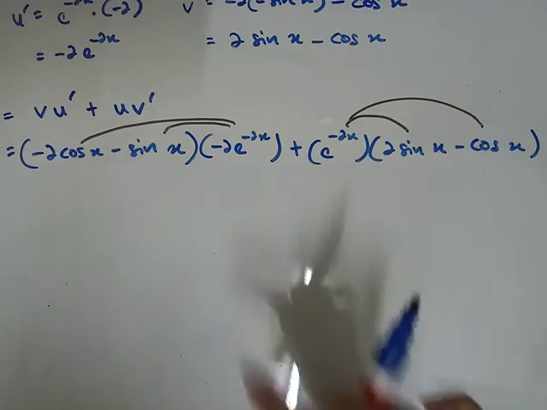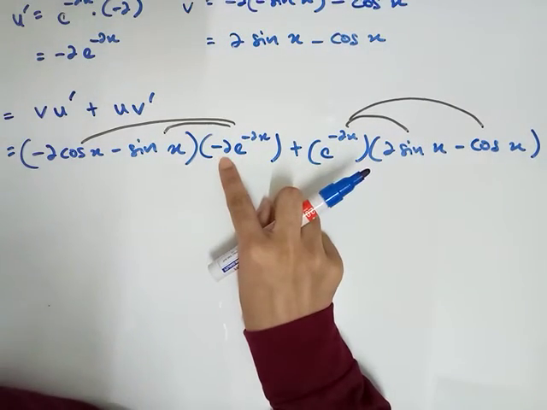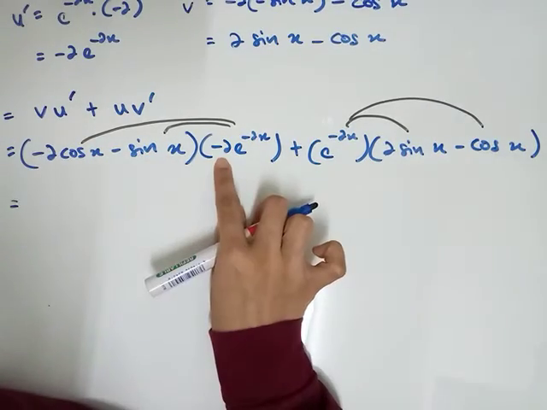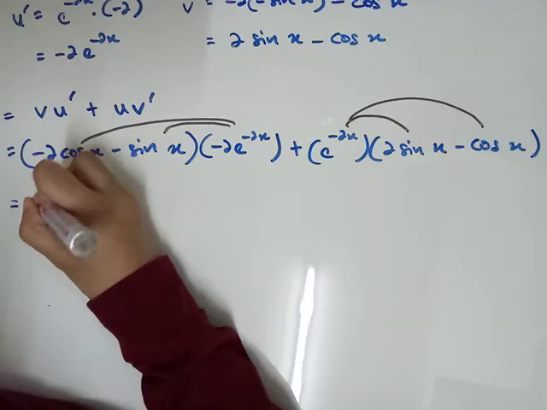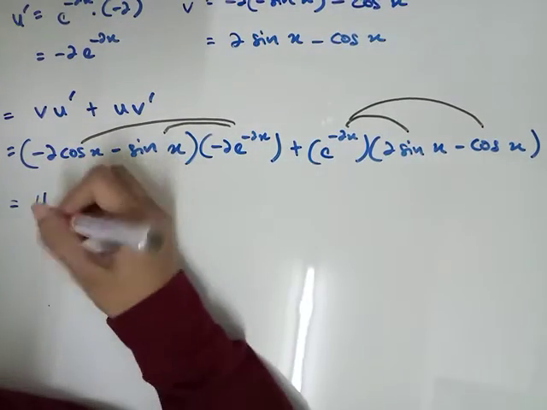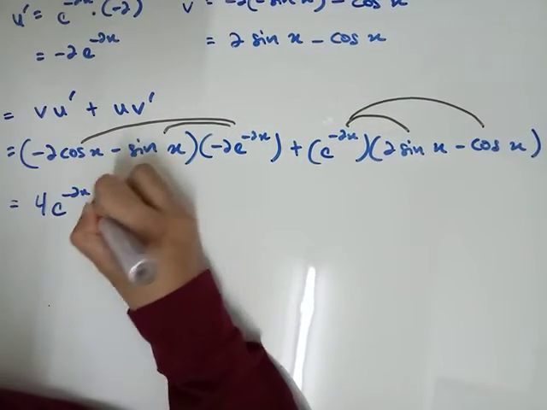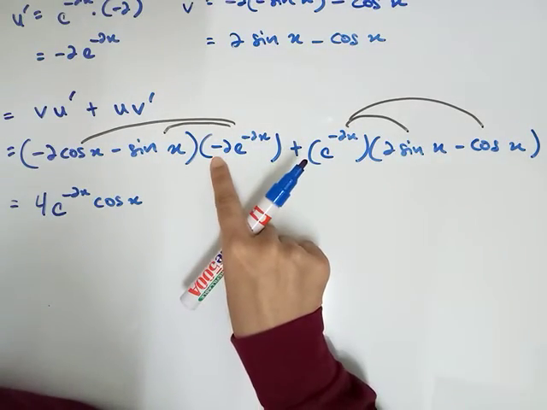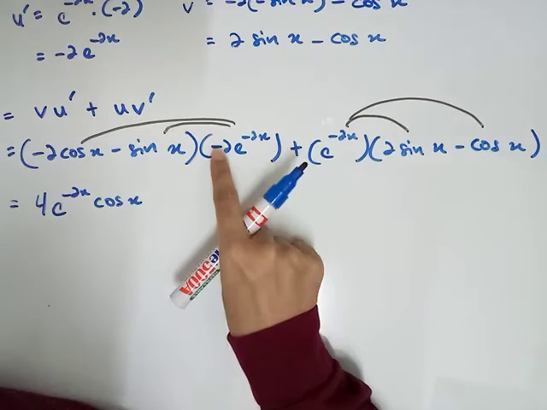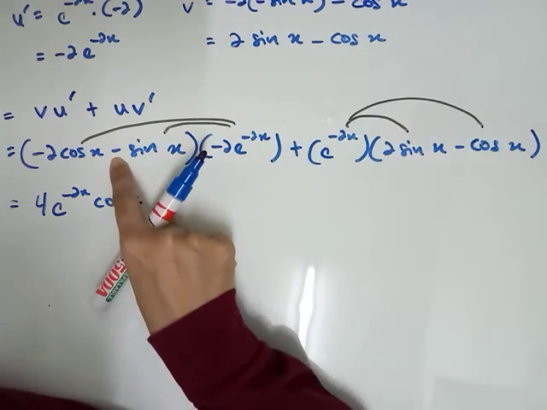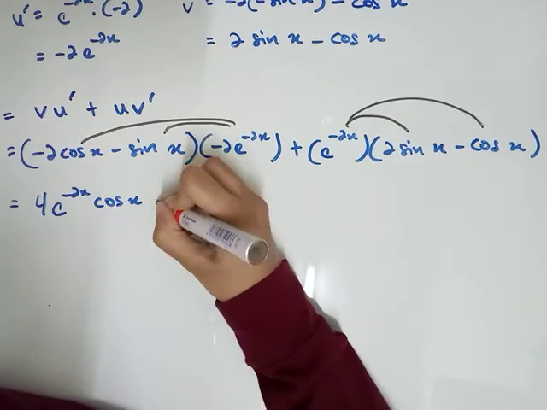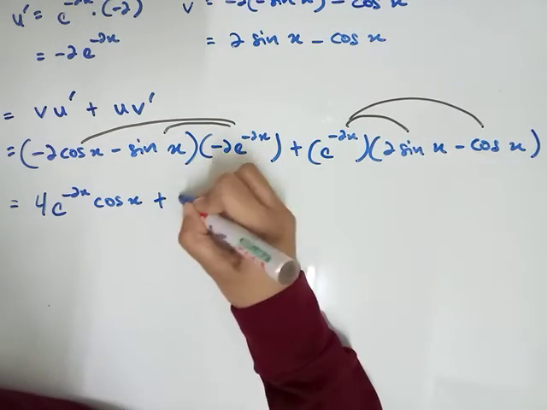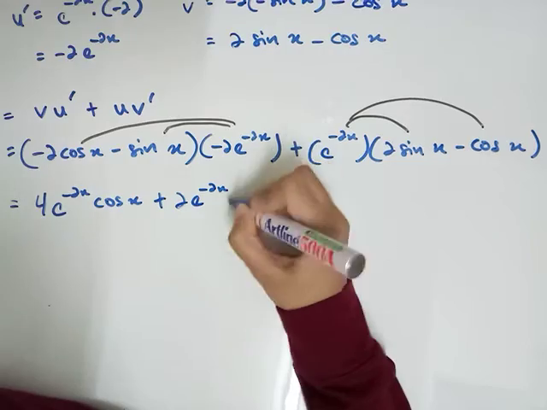Okay, so negative 2 times negative 2, negative should be positive, so 2 times 2 you get 4 exponent times cos x, exponent cos x. And then negative 2, negative should be positive, so 2 exponent times sin x, you get 2 exponent sin x.